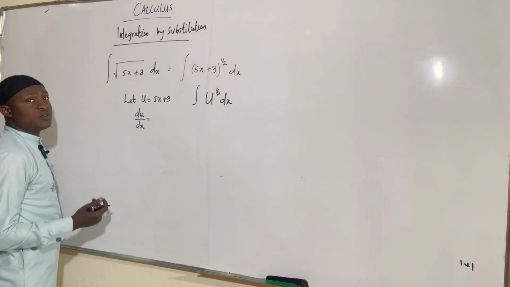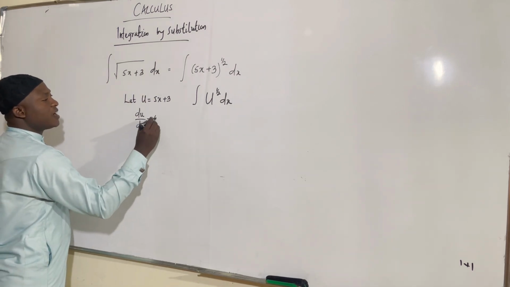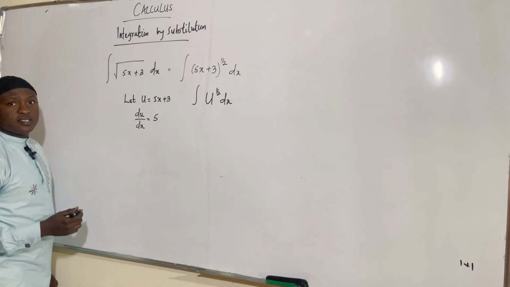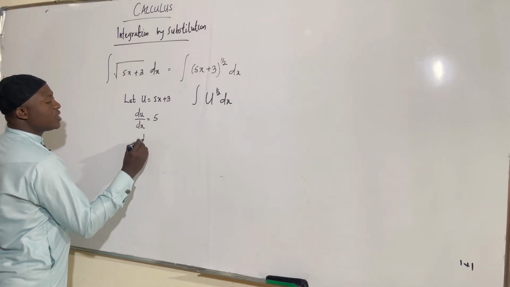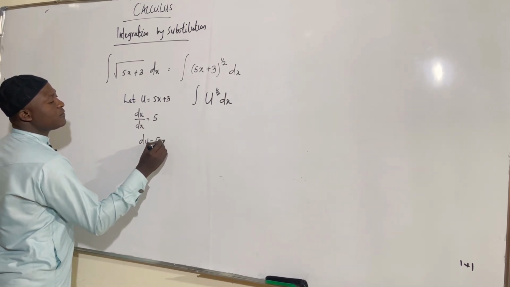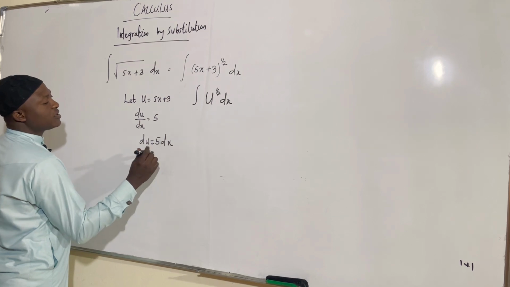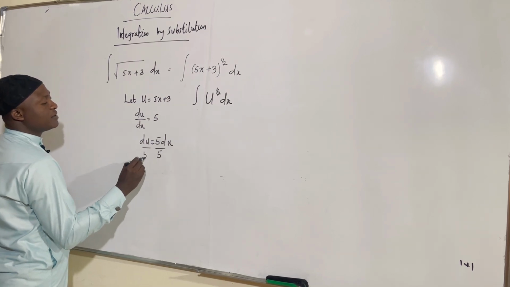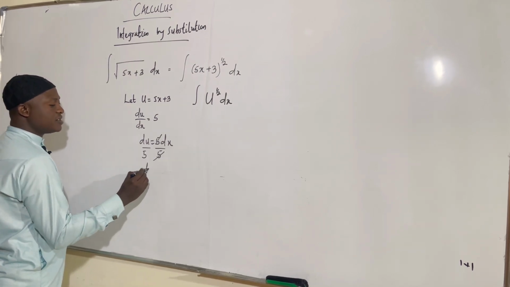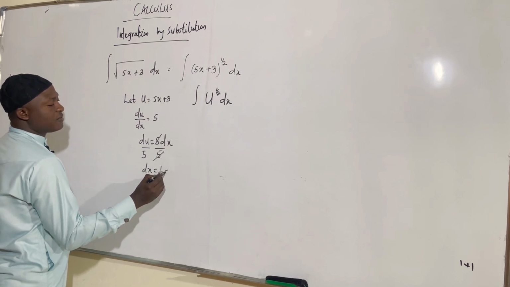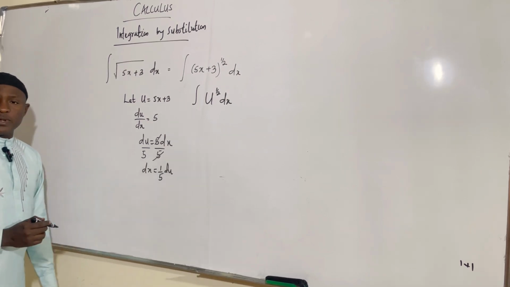We know differential of 5x is nothing but what? But 5. Then differential of 3 is what? Is 0. So if I cross multiply, we have du is equal to 5 dx. So what I'm looking for is dx. Divide all through by 5. So that means dx is equal to 1/5 du. I hope you are getting it right.